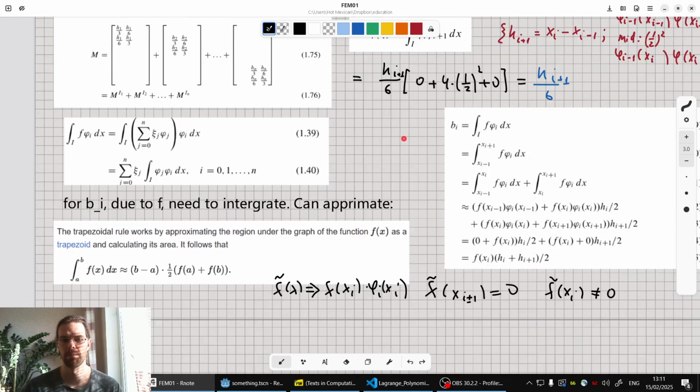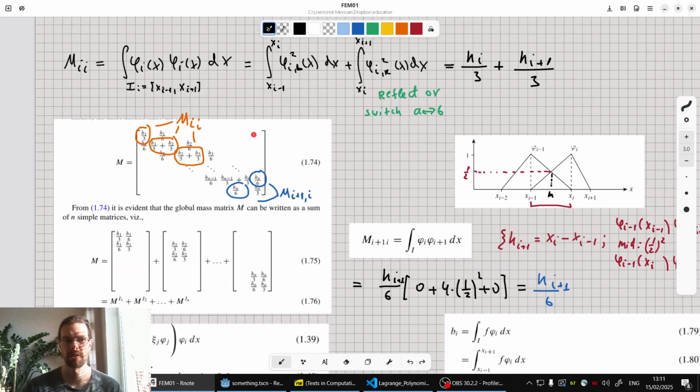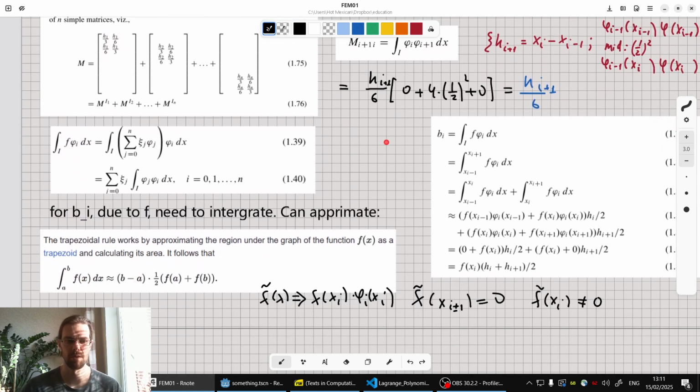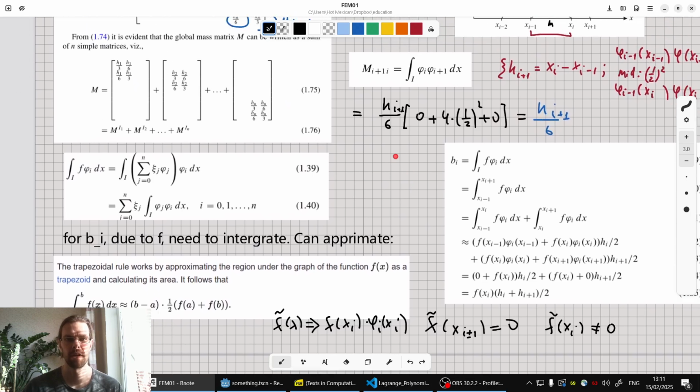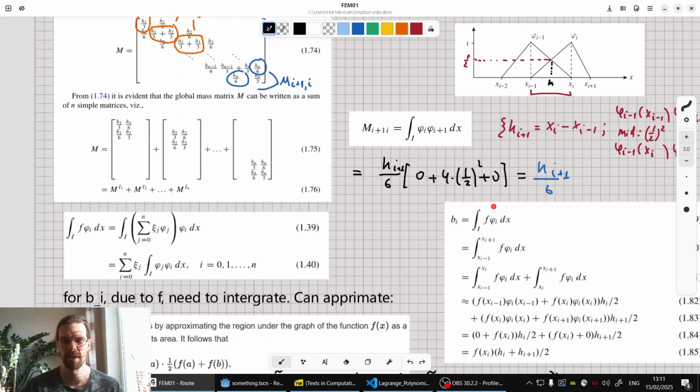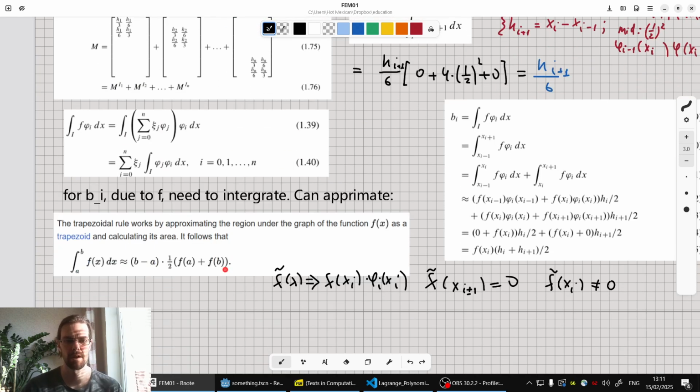Now the problem: we have constructed M, but now we have to construct B, the load vector. And in fact, we cannot do it as simply as here, because this f function will actually be across our hat function. It will change.